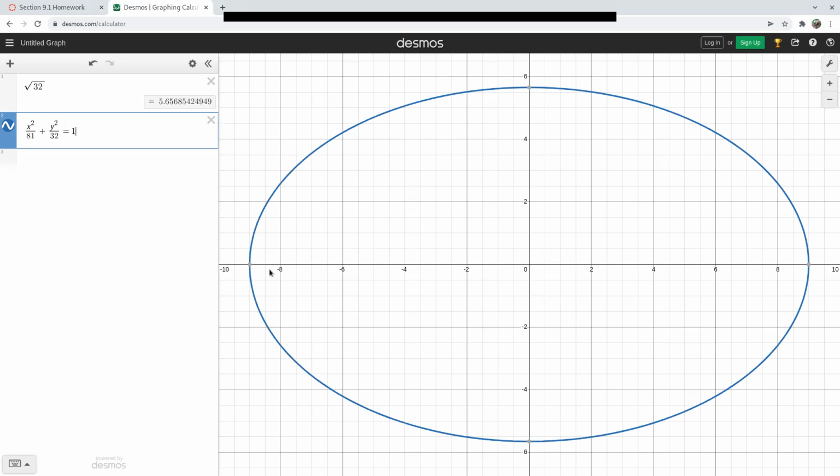And I can see that along the x-axis, I have the longest axis of the ellipse with endpoints at -9 and 9. Those are also called vertices. And then we have the minor axis, the y-axis, with vertices at the square root of 32 and negative square root of 32. And then somewhere on the x-axis are the two focal points of the ellipse.